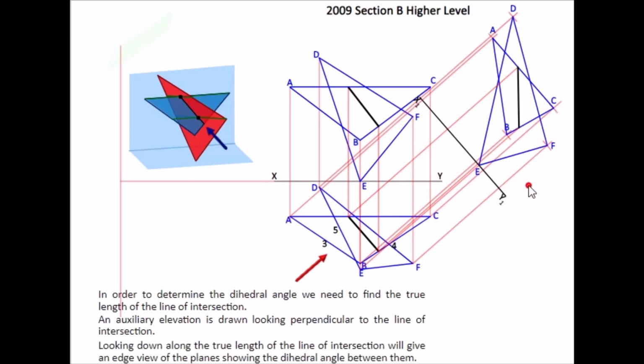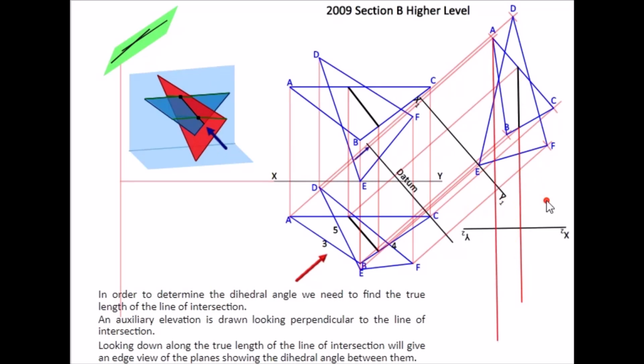Now, next we look along our line of intersection. Once we see it as a true length, so we see this blue arrow here looking up along onto this plane here, so projected up onto this green plane now is what we see when we look along a true length. So it's the same here. We look along this true length here, and we'll see the line of intersection as a point view.